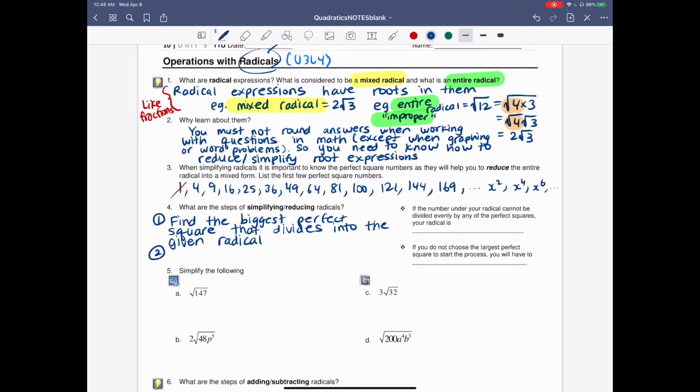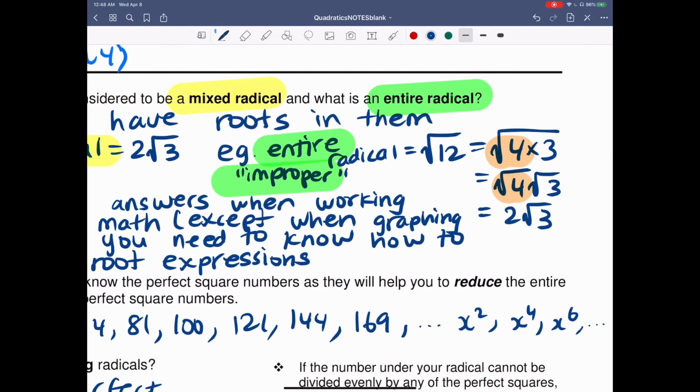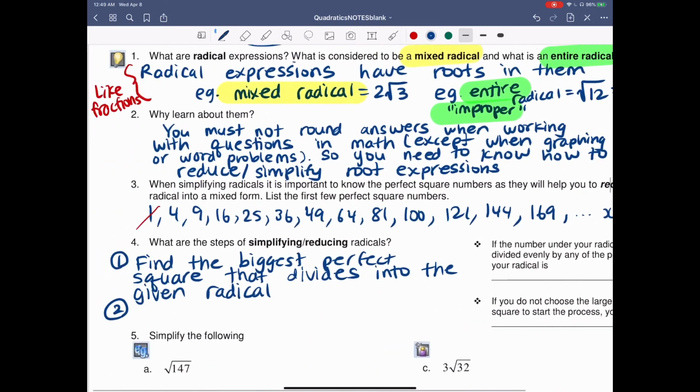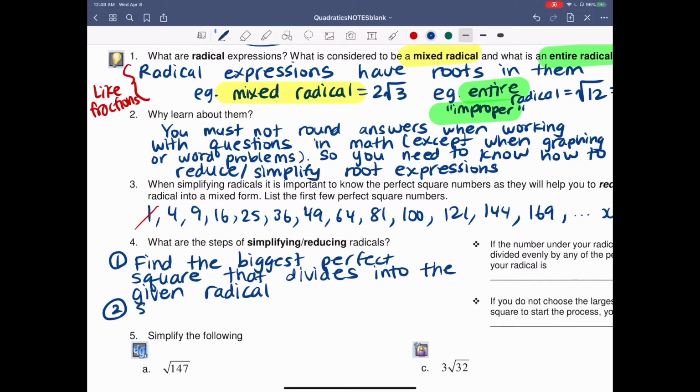Once you've done that, if you notice over here, what did I have to do? I broke it apart. I broke the 12 into a 4 and 3 because the 12 was divisible by 4, a perfect square. So 4 times 3. I want to simplify by writing separate roots on each factor.